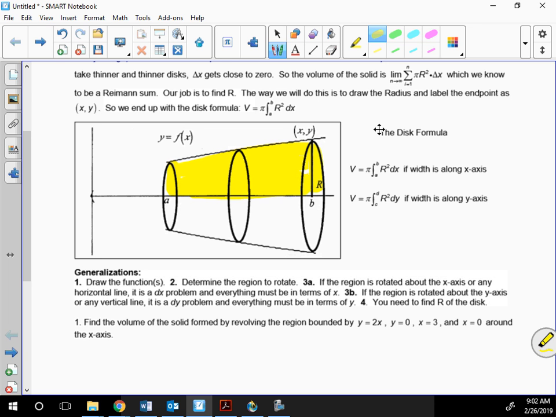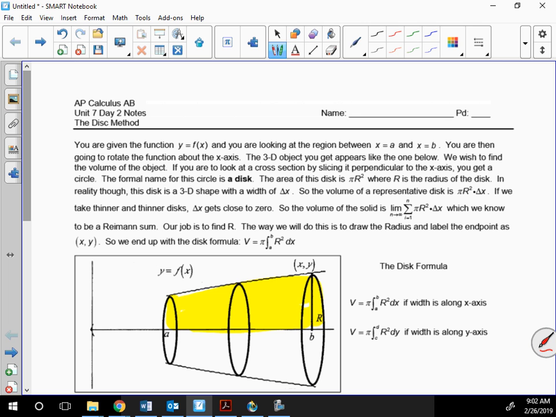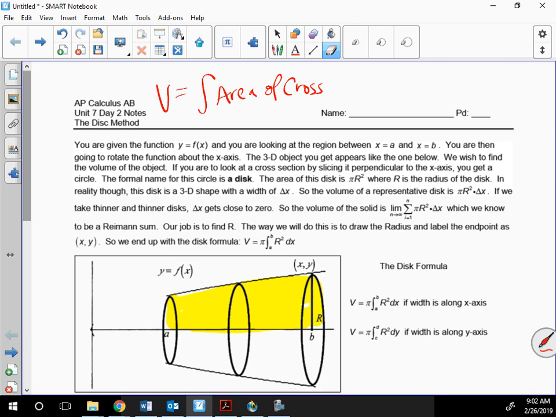As we said, if we were to slice this, our cross sections would be circles. So what we want to do is integrate the area of the cross section. If you would, go ahead and write that at the top of your paper: volume equals the integral of the area of the cross section. We're going to be coming back to this again next class and the class after that.